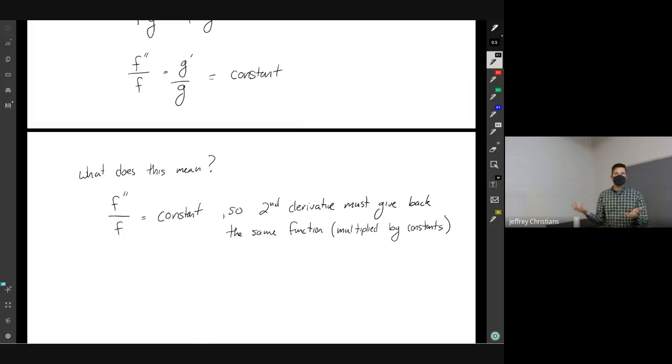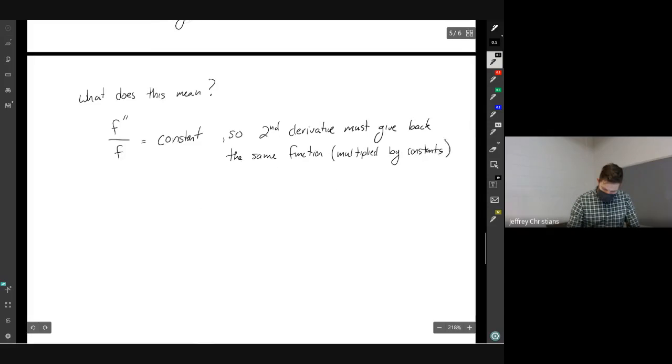Do we know any functions that might work for that? What function, if you take the derivative once, then take the derivative again, gives back what you started with? e to the x would work, because you get e to the x and e to the x. Are there any other functions that would work? Cosine and sine as well. Both of those are true, because you can make up a sine or a cosine with e to the x's. But we'll say, okay, sine and cosine.